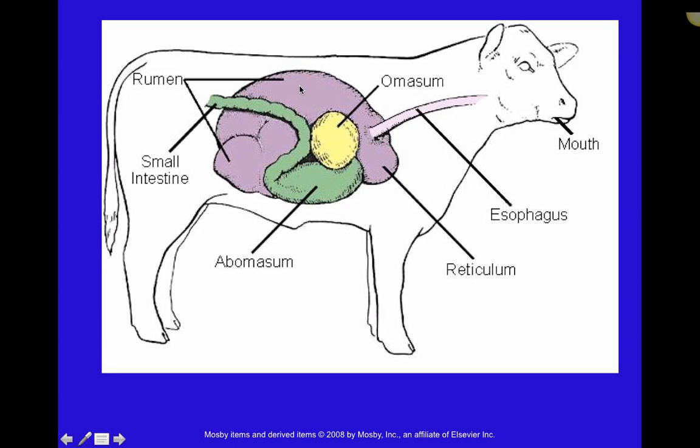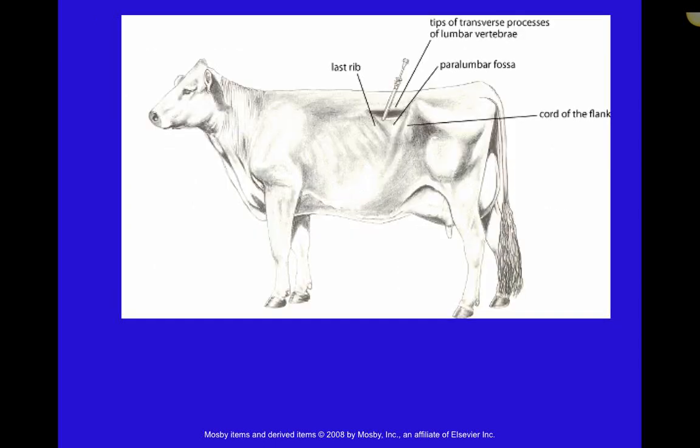A few things to know. The rumen is located on the left side of the animal. So if you're concerned about a ruminant's GI motility, so if we think that they're not ruminating the way that they should, then you can listen with your stethoscope on the left side, and it's called the paralumbar fossa. That's right here. It's this little triangle on the left side.